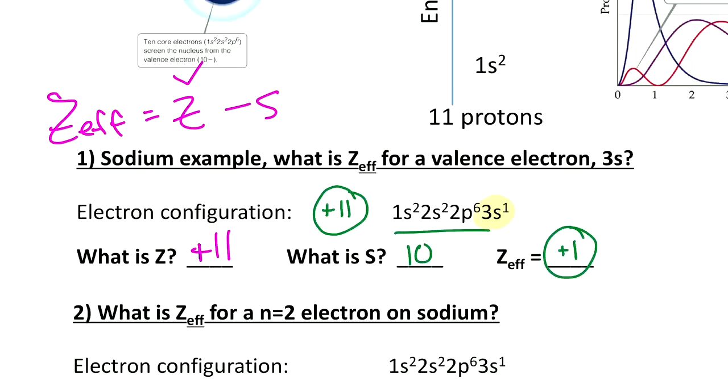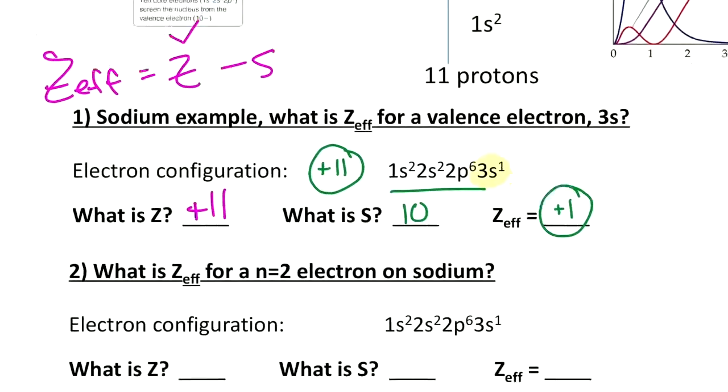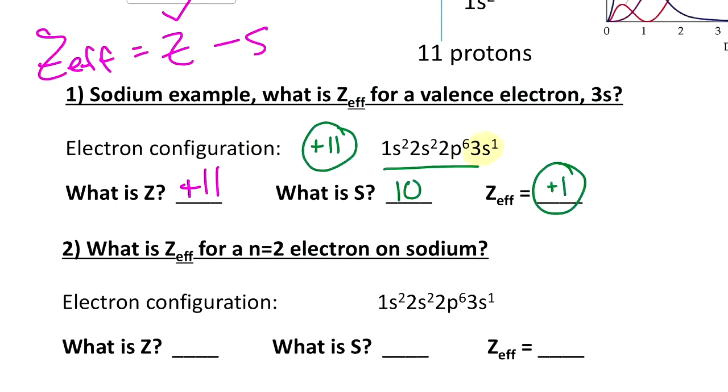So we can calculate the effective nuclear charge on any electron on this nucleus. So let's calculate the effective nuclear charge for this time not a valence electron, but an n equals 2 electron. We do the same exact thing, we're just sitting in fancier seats now, in a seat closer to the stage. So it's the same exact strategy.